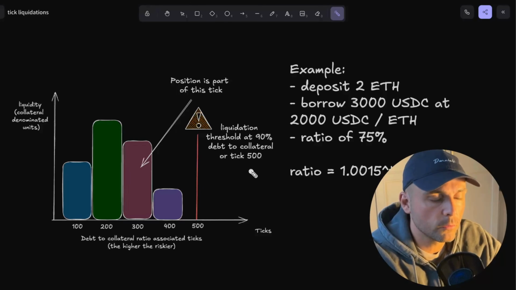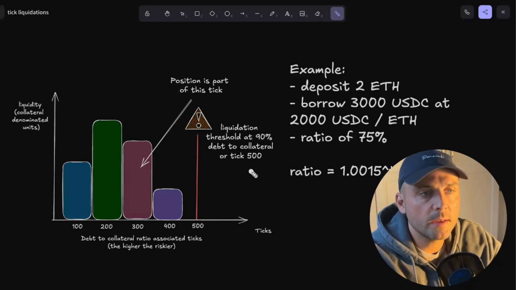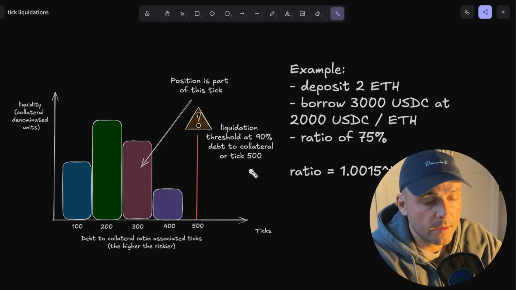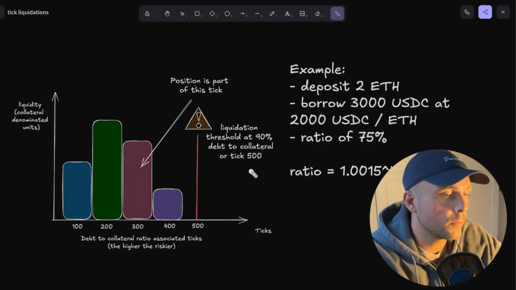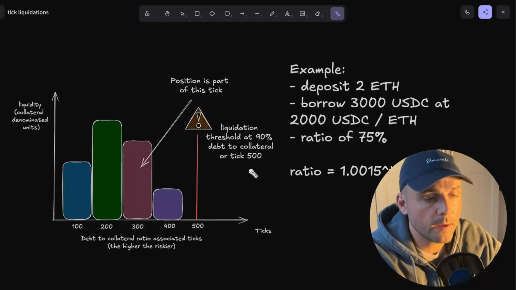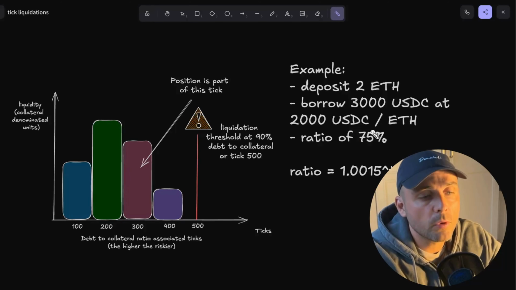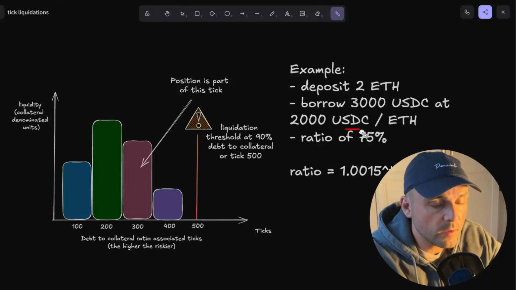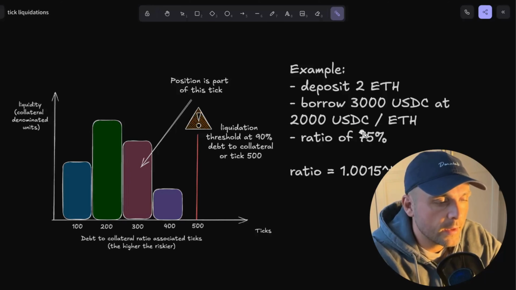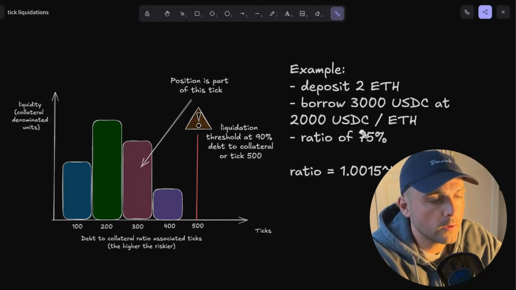It changes because of two factors. One is, of course, the underlying exchange prices of the liquidity layer, because your debt pays interest and your collateral pays interest as well. But that interest rate differs, and hence your debt to collateral ratio changes over time. The second is, of course, that the price of ETH relative to USDC in our example also changes. And hence this debt to collateral ratio constantly evolves.